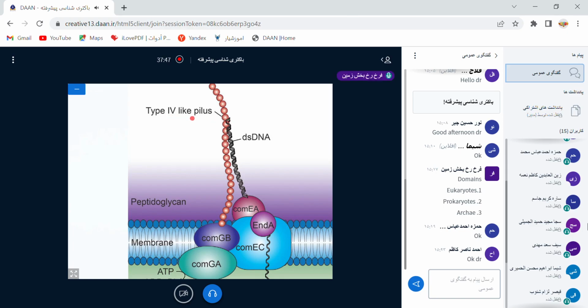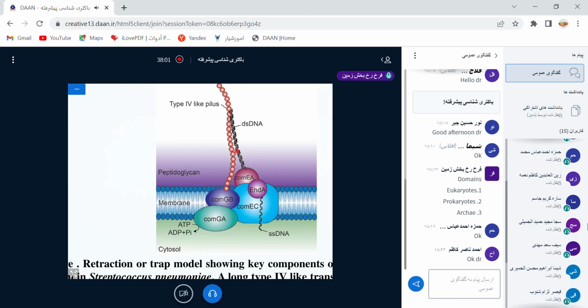Type 4 like pilus works to find and attach to these fragments of double-strand DNA and helps transport these fragments to inside the cell for two purposes.